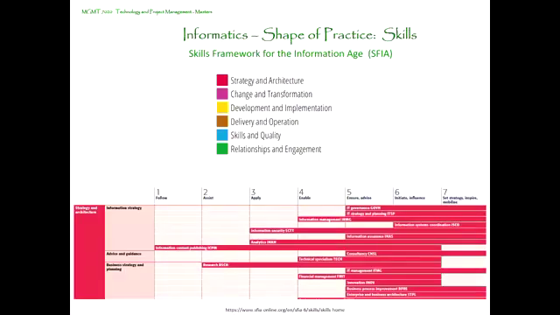So firstly, the shape of the skills that you might find in one of those ICT divisions. The skills that are required in a large organisation to make their ICT operate.